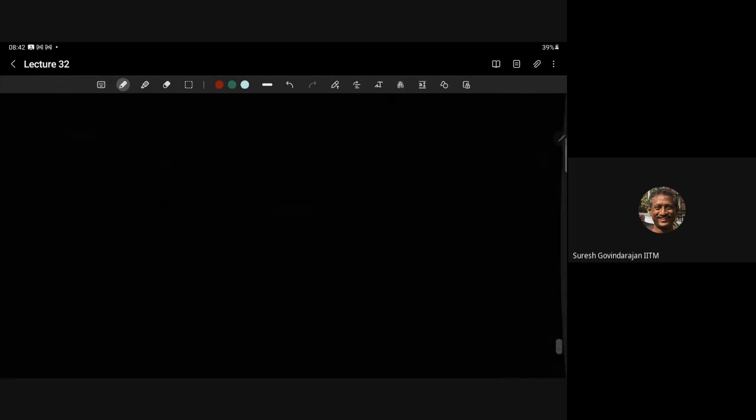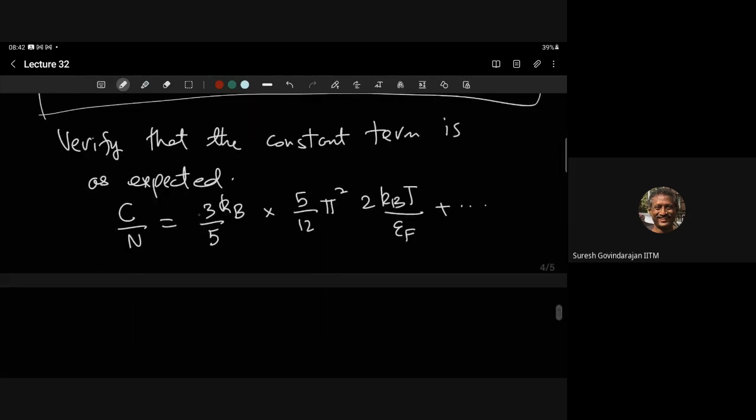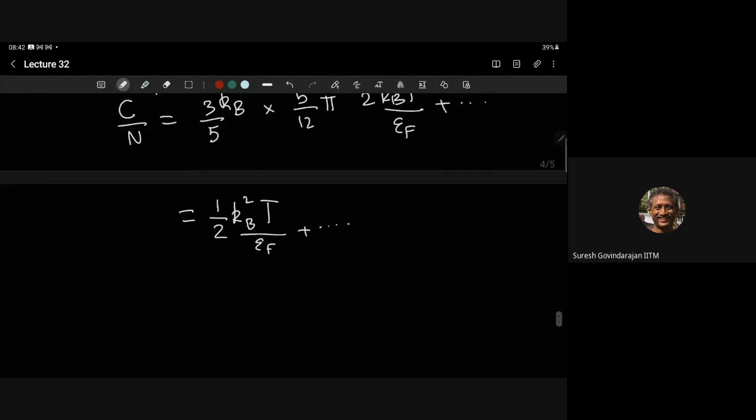So let's simplify this. 5's cancel, 1/4. Okay. So we get that the coefficient of T is this quantity.